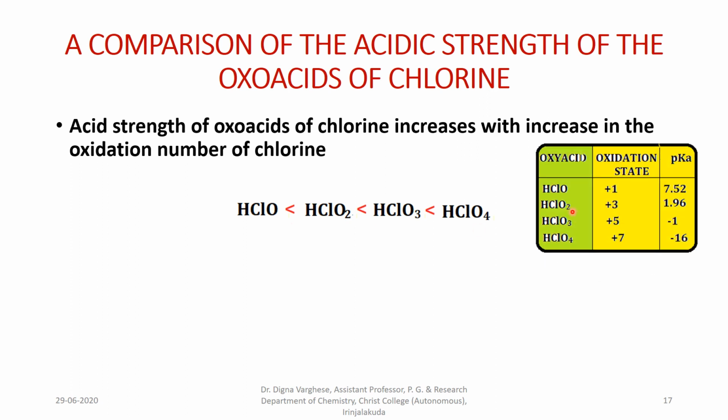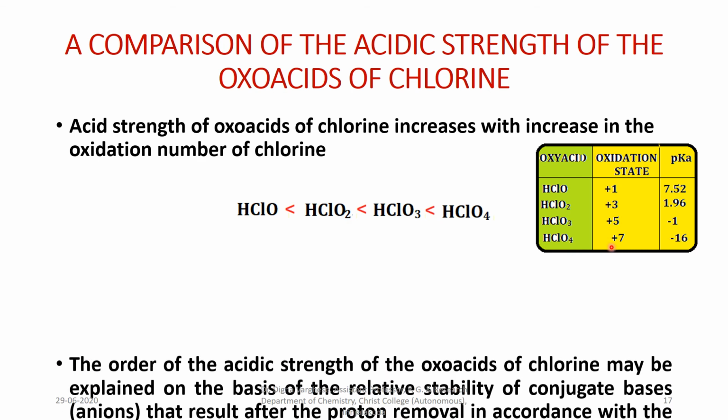The oxidation state of chlorine in different oxyacids is shown in the table. HClO has +1 oxidation state, in HClO2 chlorine has +3 oxidation state, in chloric acid it has +5 oxidation state, and in perchloric acid it has +7 oxidation state.